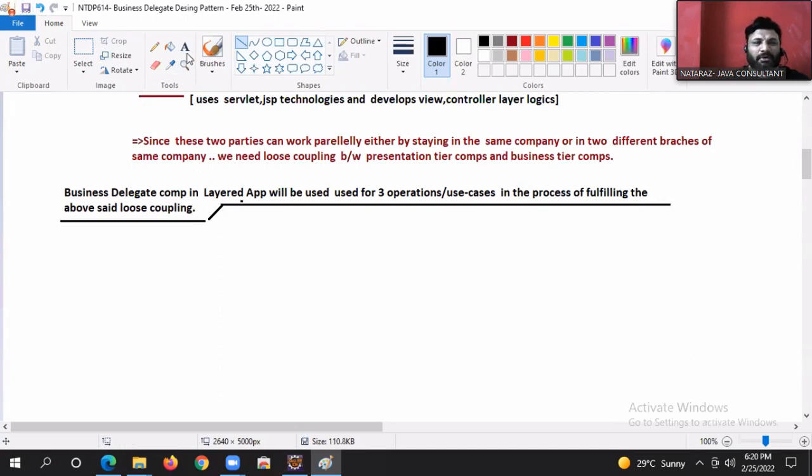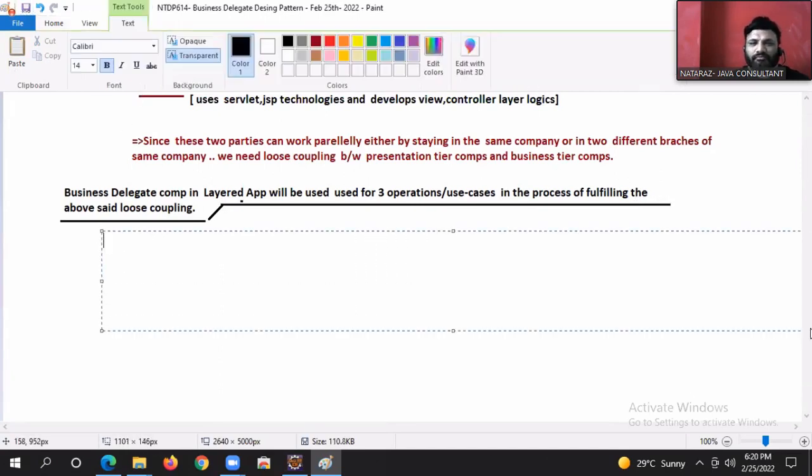Okay, number one, converts VO class object to BO class object.